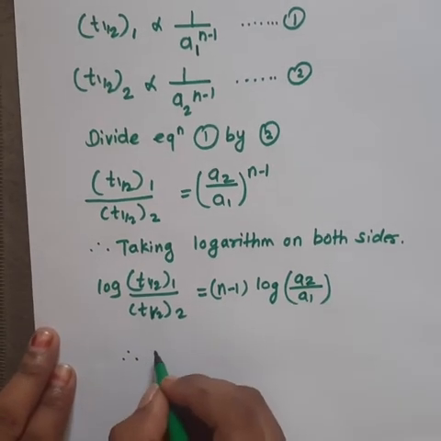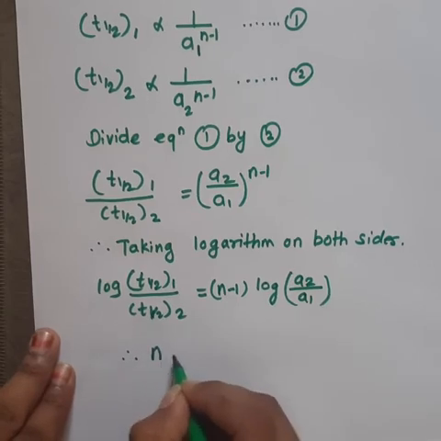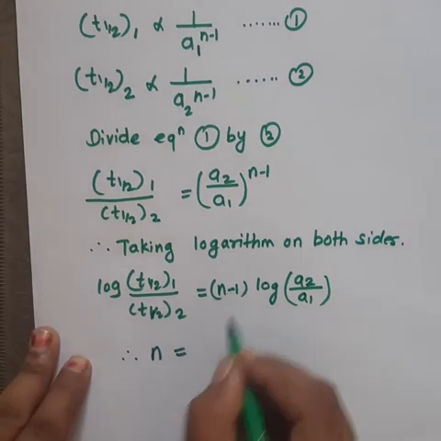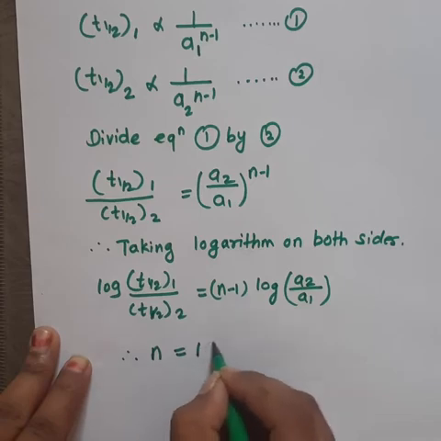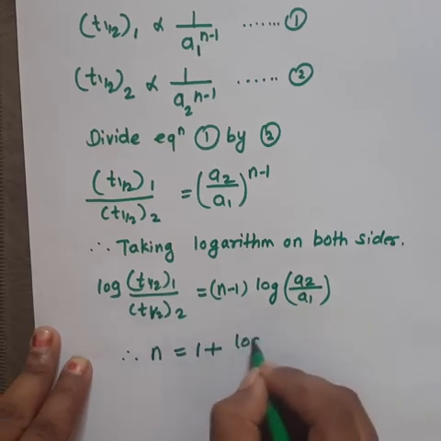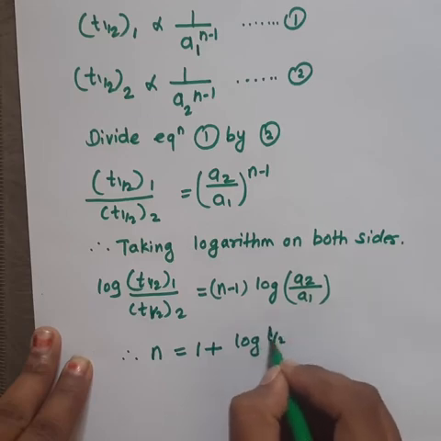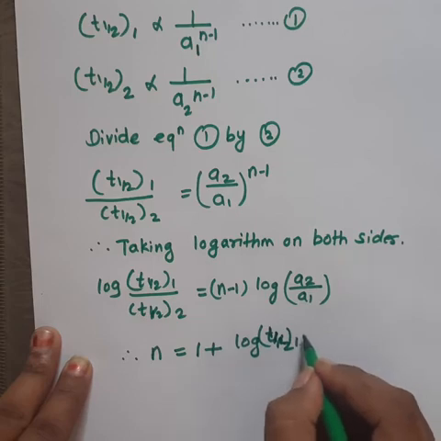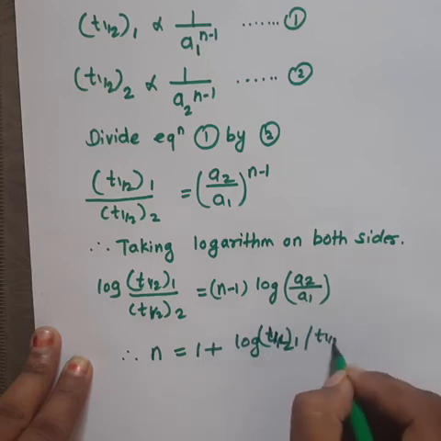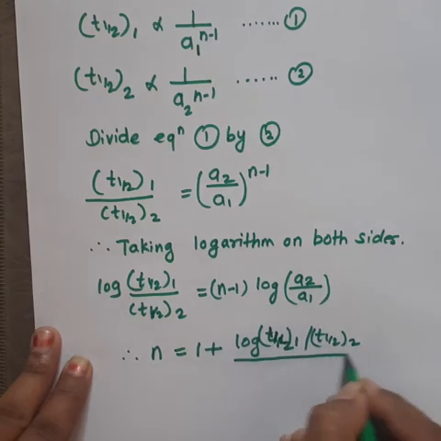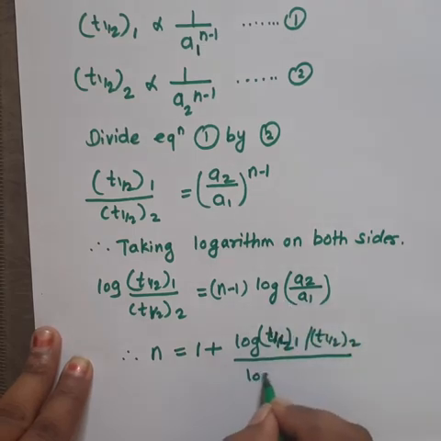Therefore, we can define the order n as n is equal to 1 plus log of T half of first divided by T half of second, divided by log of A2 upon A1.